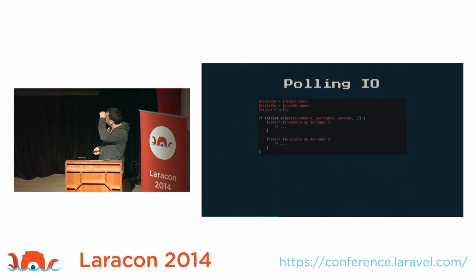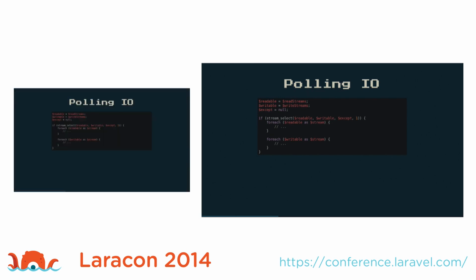An example in PHP, and this is really the internal code to begin to understand what React does inside. We have our read streams, some write streams, and some exceptions, whatever those may be. We pass them into stream_select. This is an array of readable streams, an array of writable streams, and then except is just passed by reference, so we want to capture the output there. And one tells us that we'll wait for 1 second.